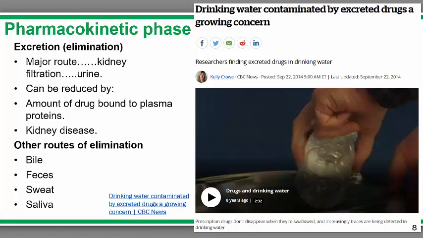So the pharmacist, in consultation with the patient's physician, will need to modify the dosage of a particular drug in the event that the patient has some type of kidney disease. Other routes of elimination include bile, which is reabsorbed from the digestive system, feces, sweat, and saliva.